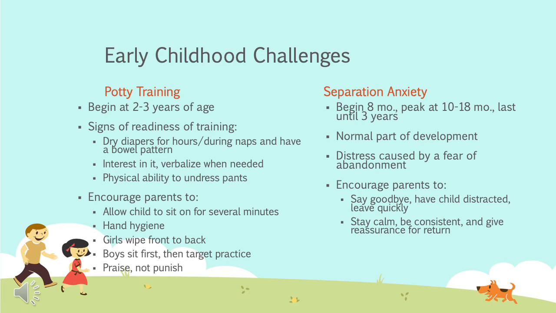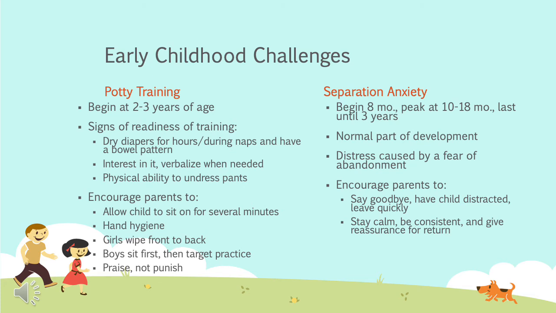So the first one is potty training, and this usually begins around age 2 to 3. Again, just like their developmental milestones, the readiness is at an individual pace. Signs of readiness that you can relay to parents are having dry diapers for hours either during the day or during nap time, and they also have a pretty regular bowel pattern.